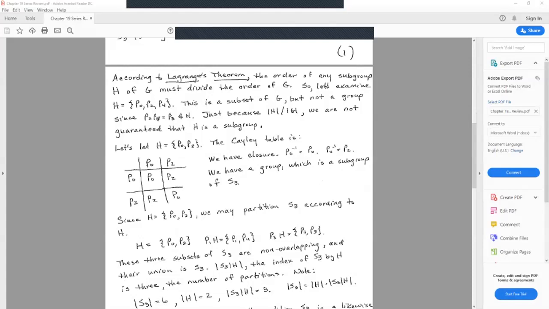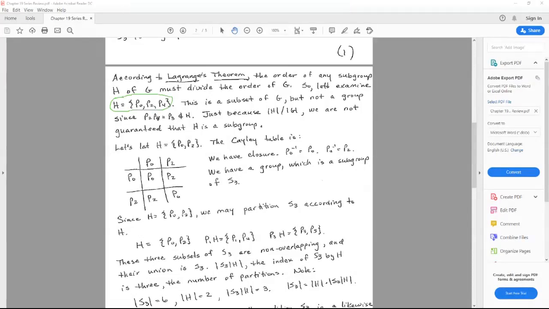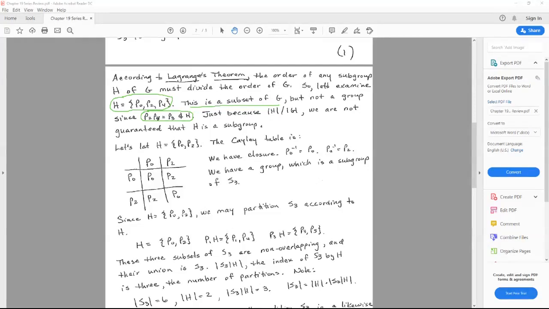If H contains P0, P2, and P4, we know it's a subset of S3, but this would not be a group because if you multiply P2 times P4, you get P3, which is not an element in H. And I highlighted this example just to verify that just because the order of a subset divides the order of the group, that does not guarantee that you have a subgroup. Sometimes you simply have a subset.